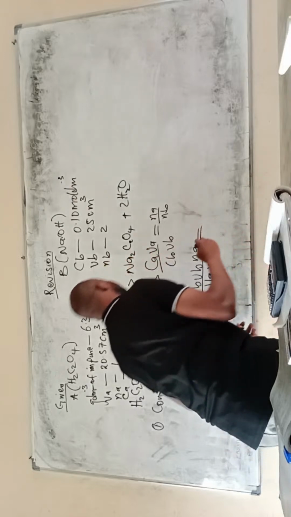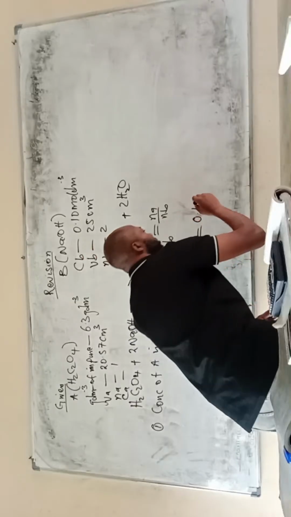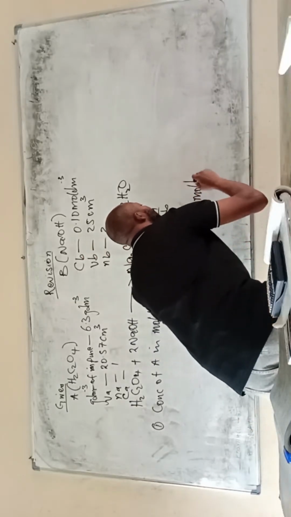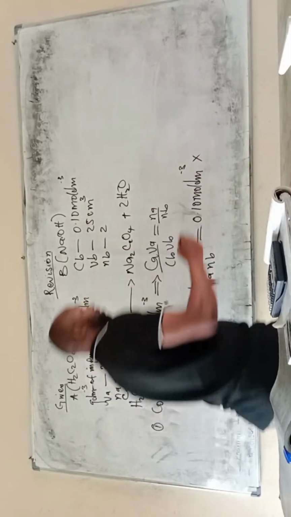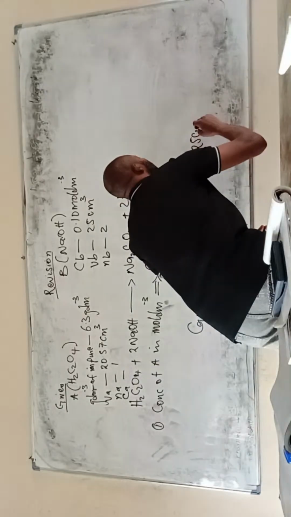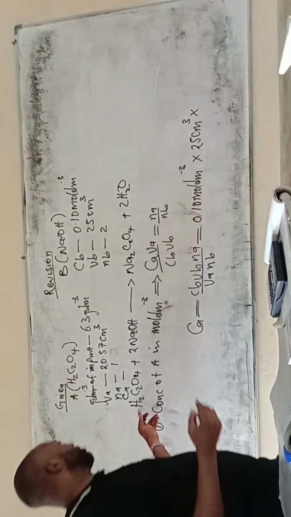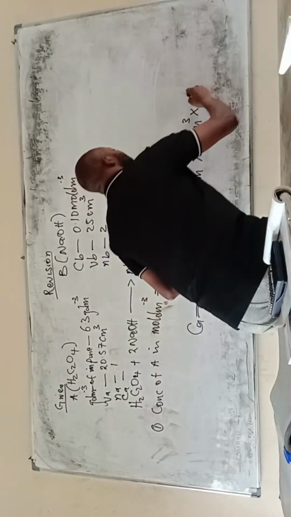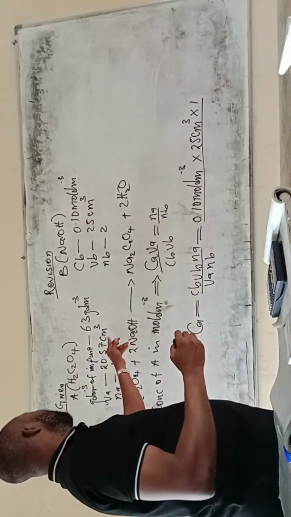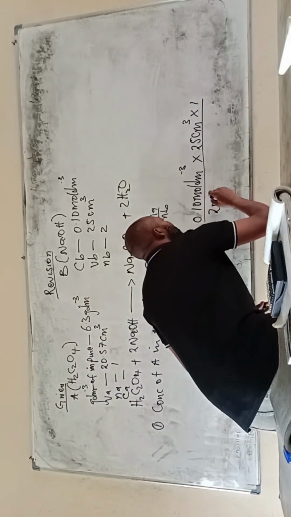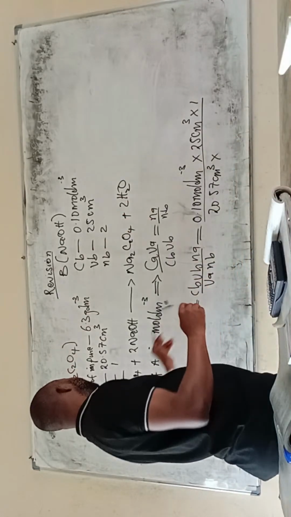This equals, the concentration of the base is given to be 0.10 mol/dm³ times the volume of the base, 25, times the number of moles of acid, 1, all over the volume of the acid, 20.57 cm³, times the number of moles of the base, 2.